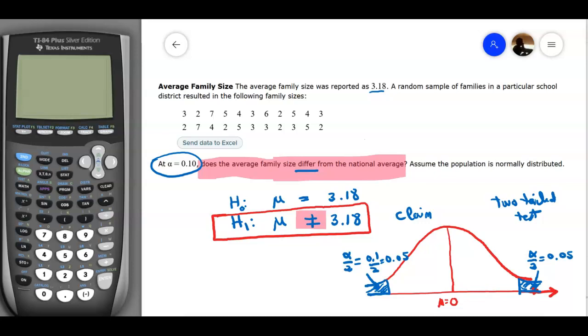Now, how can I figure out is a z-test or a t-test? First of all, they never gave you the population standard deviation. All right, so let me remind you about sigma and s. So sigma would be equals to the population standard deviation, all right?